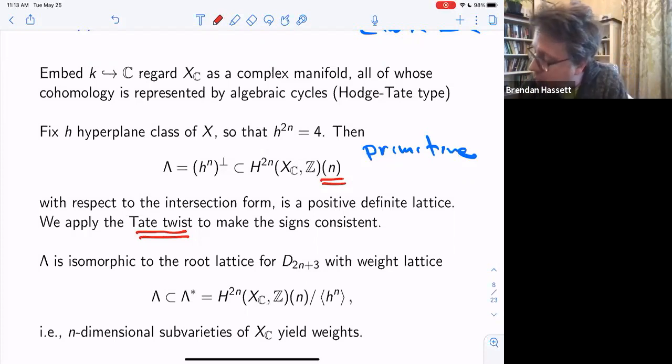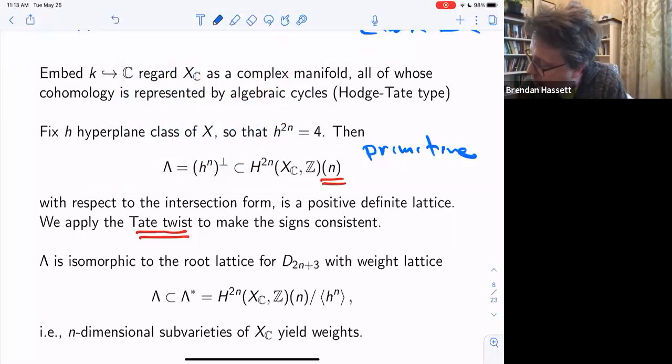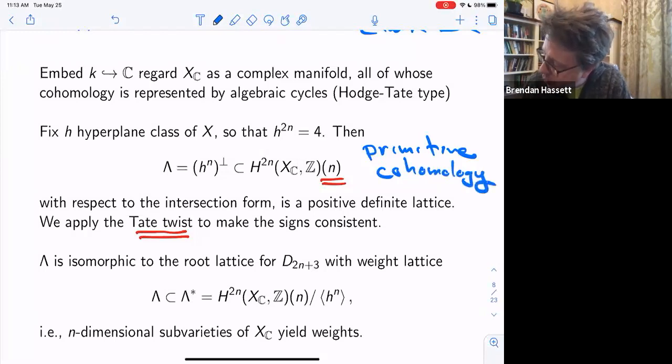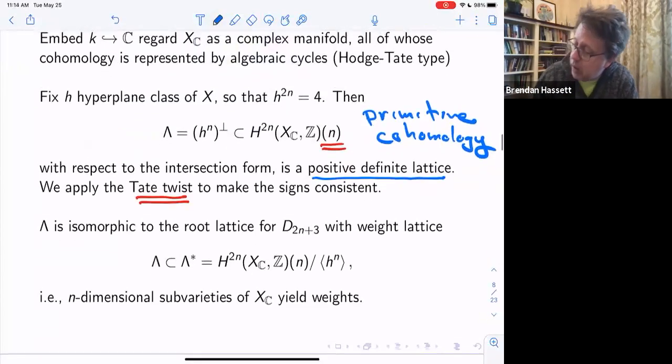So I have this primitive cohomology, and the primitive cohomology carries a lattice structure. The lattice structure comes from the intersection pairing on middle cohomology. The resulting lattice, Lambda, is actually isomorphic to the root lattice for the root system of type D_{2n+3}.